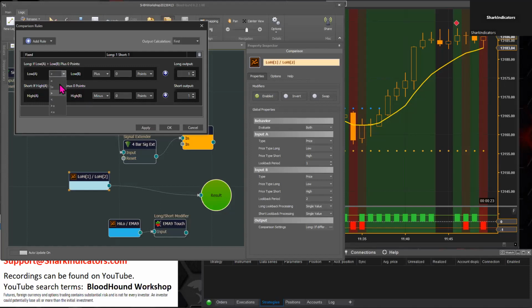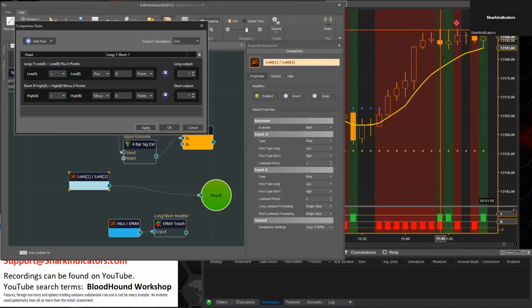The reverse applies when we're looking at the low prices: we want to generate a long signal to invalidate or reset a potential short signal. So let's hit apply.